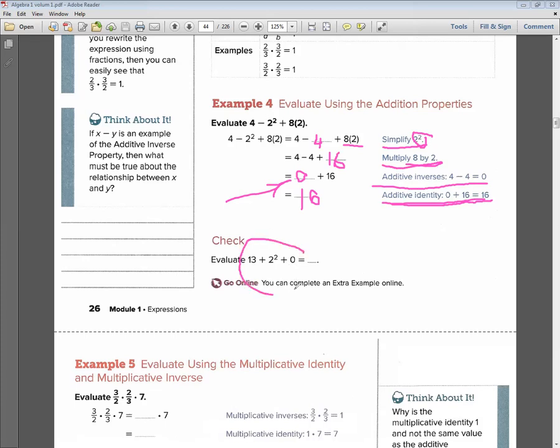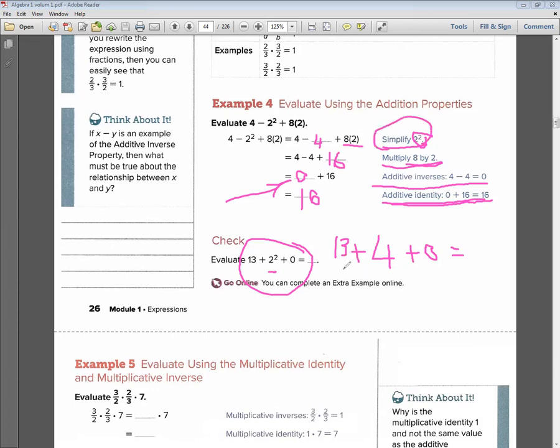We have a problem here just for checking if you got it or not. I have here 13 plus 2 power 2 plus 0. First of all, what's strong here? The strong thing here is 2 power 2. I have to calculate it. So first, write 13 plus 2 power 2. It means 2 multiplied by itself, which is 4. Then add the 0. I have to write it as it is. Simplify 2 power 2.